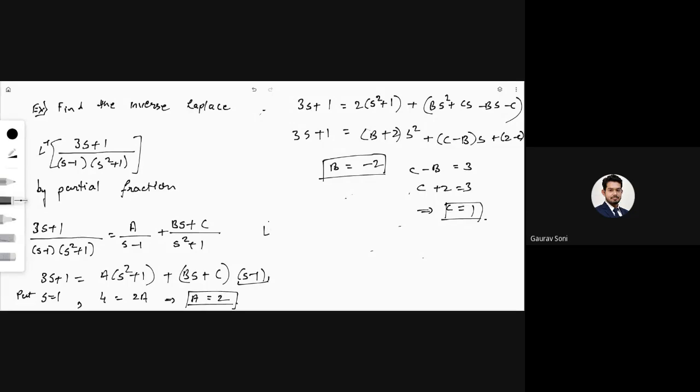So what we have, Laplace inverse of 3s plus 1 upon s minus 1 s square plus 1 turns out to be Laplace inverse of 2 upon s minus 1 plus Laplace inverse of minus 2s plus 1 upon s square plus 1.